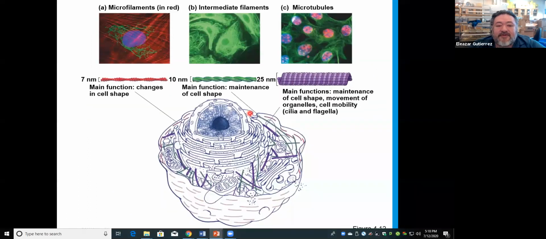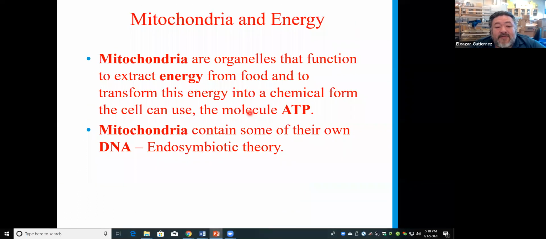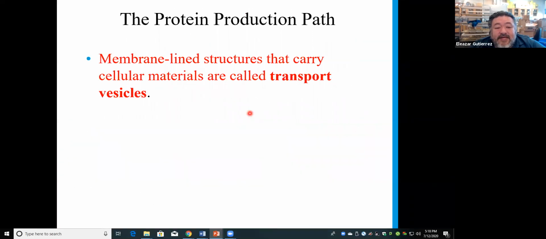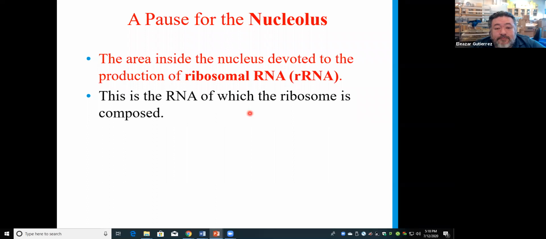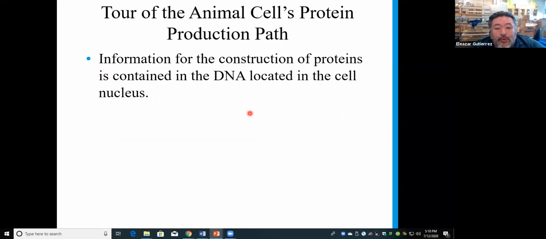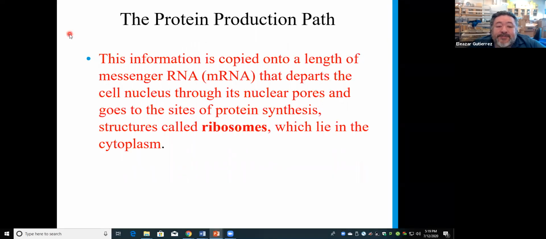Now let's see how our author tells us. I should follow my author because that's what keeps me from making mistakes. Okay, so this information is copied onto a length of messenger RNA, mRNA, that departs the cell nucleus through its nuclear pore, and then goes into the sites of protein synthesis called what?